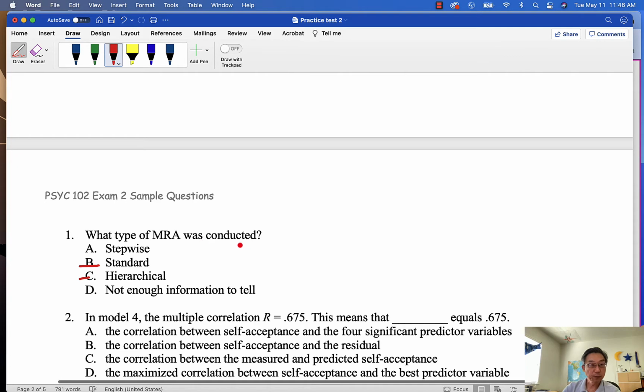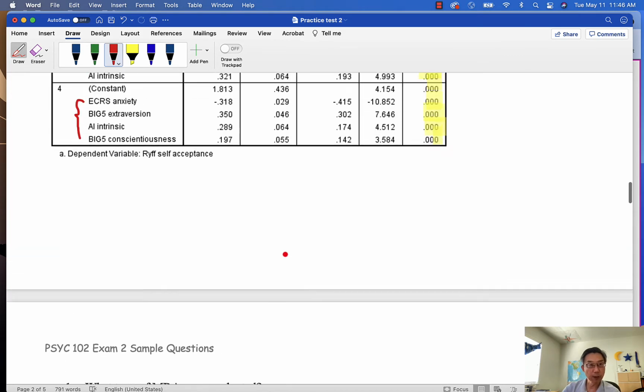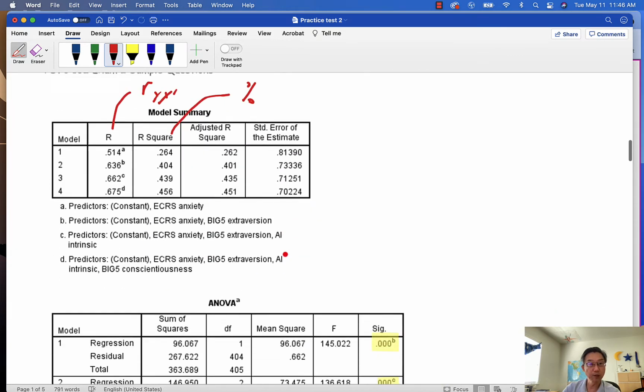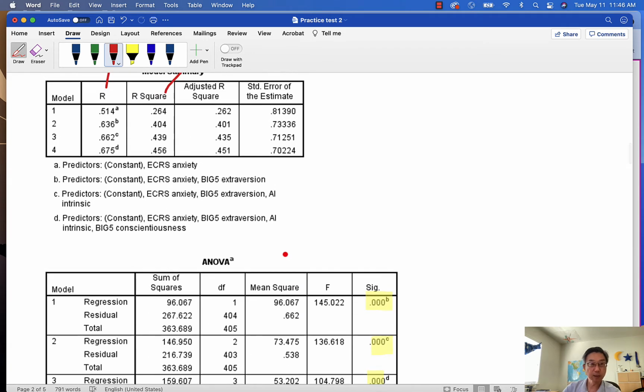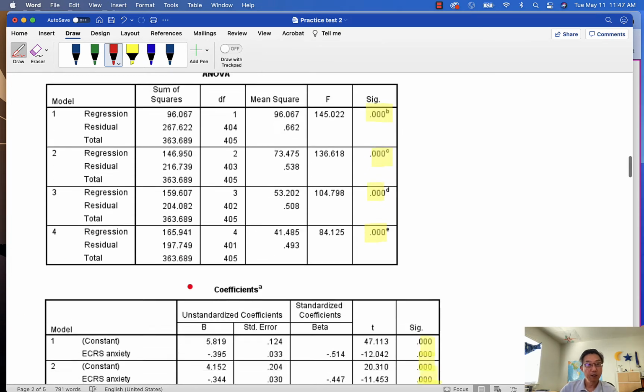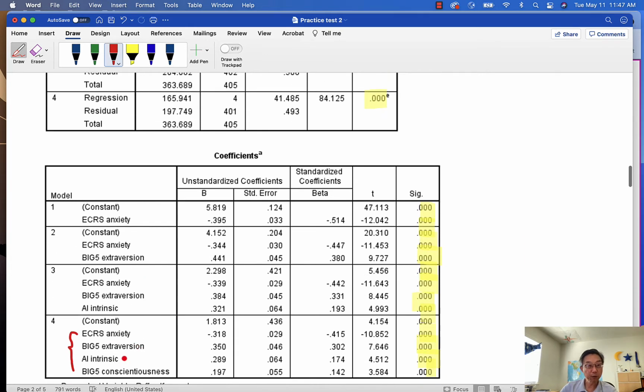Now, what about stepwise? Is it possible that we conducted a stepwise multiple regression? And the answer is yes, because in a stepwise multiple regression analysis, you select one predictor and the next and the next. So in a stepwise multiple regression, you're going to see exactly what we see here. More and more predictors enter the regression equation, and you can get multiple models.